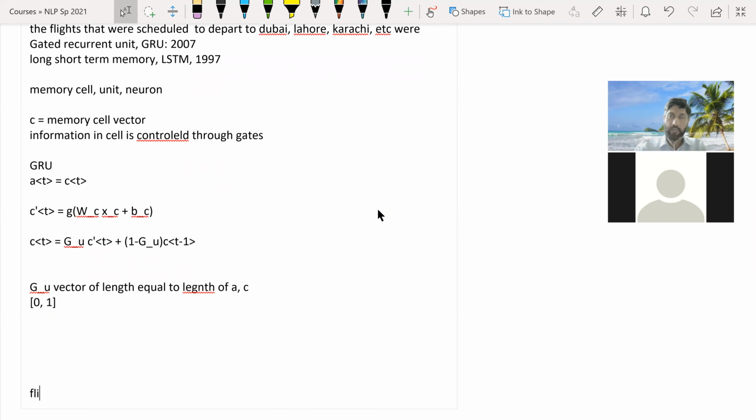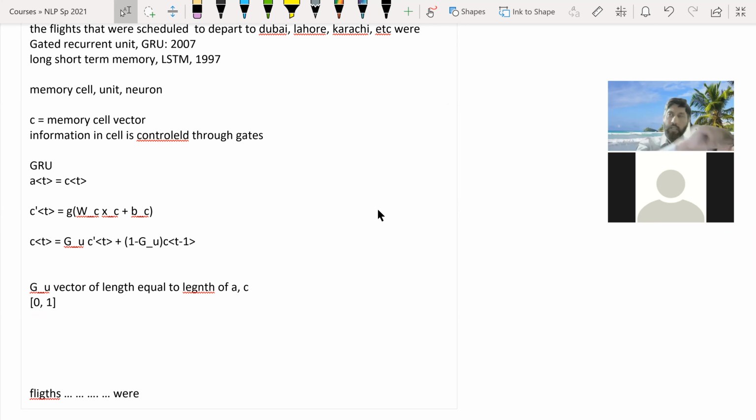Let's say जो flights का जो था, यहाँ जब हमने ये word पढ़ा, when we looked at this word, then let's say we had set G U to 0. Then whatever we had after this, it was all 0. इसका मतलब है कि when we came to were, it was still 0.